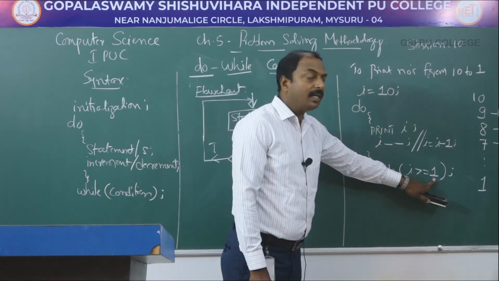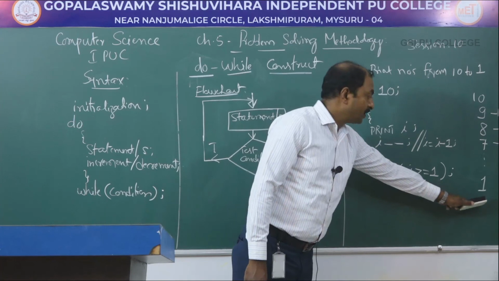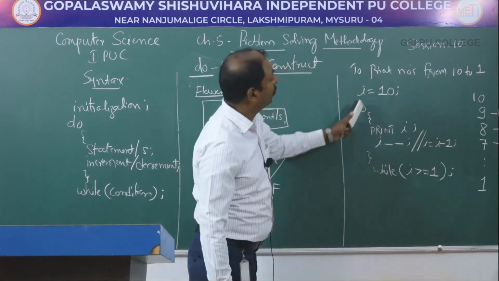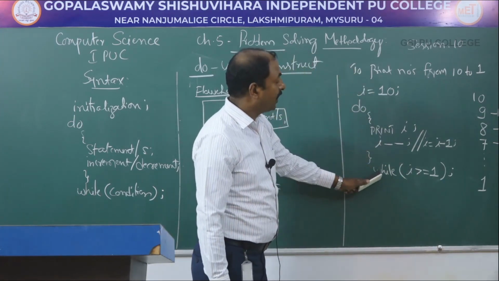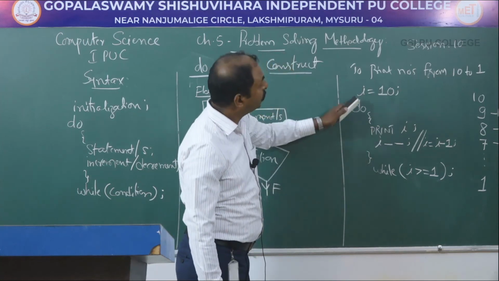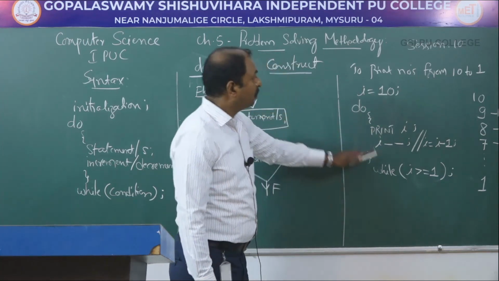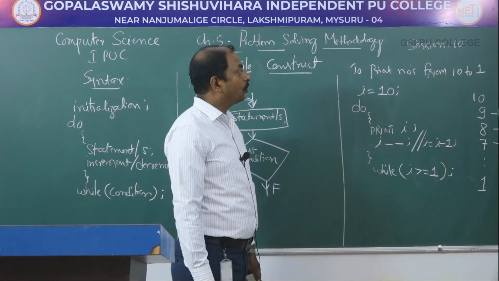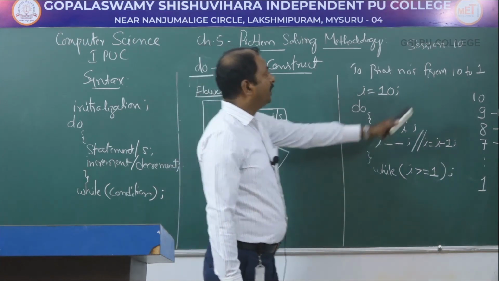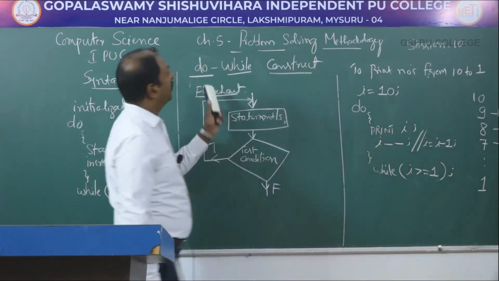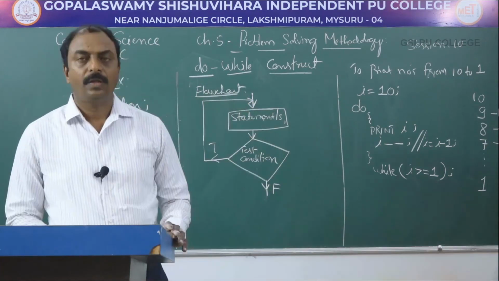The condition fails here. So it is not going to print 0, or enter the loop once again. Directly it will come out of this do while construct. So this is an example to print numbers from 10 to 1 using do while construct.